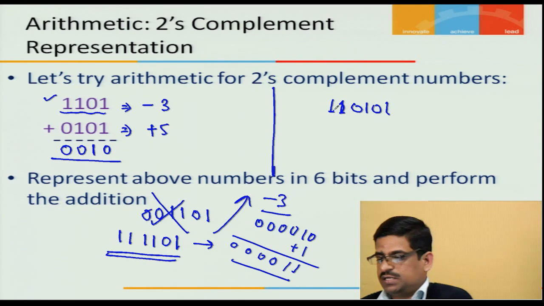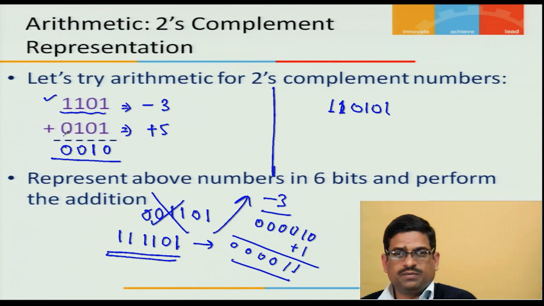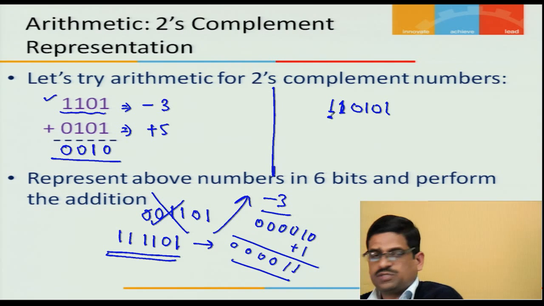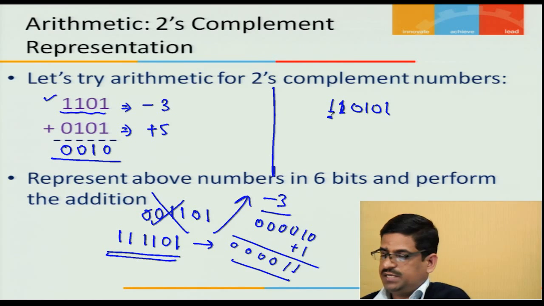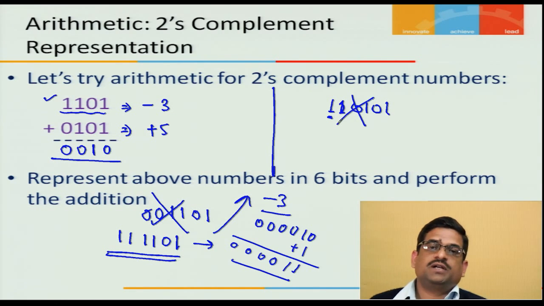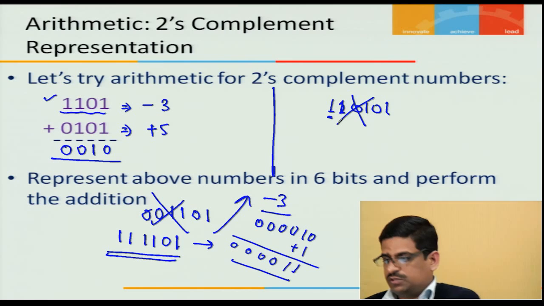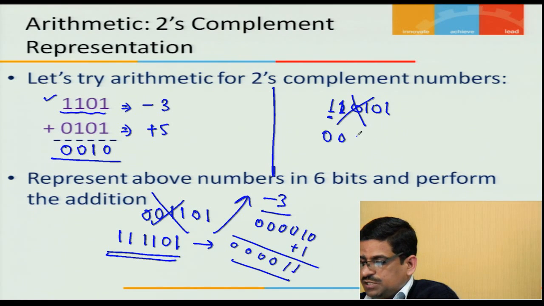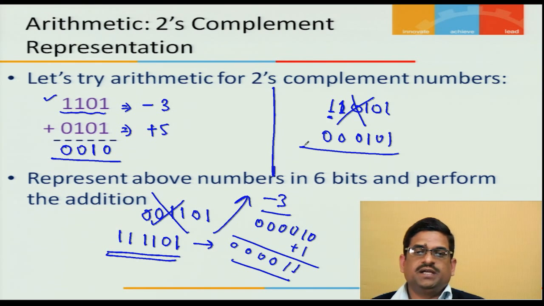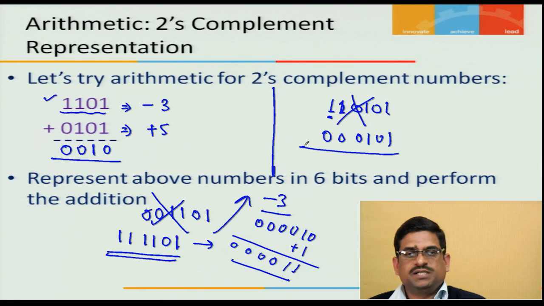No, because the original number is positive, and now the leftmost bit is 1, which in 2's complement form means negative, so this also will not work. If I add 0 0 0 1 0 1, that is fine, because as we did with unsigned numbers, we append zeros to the left side of the number to reach the required number of bits.